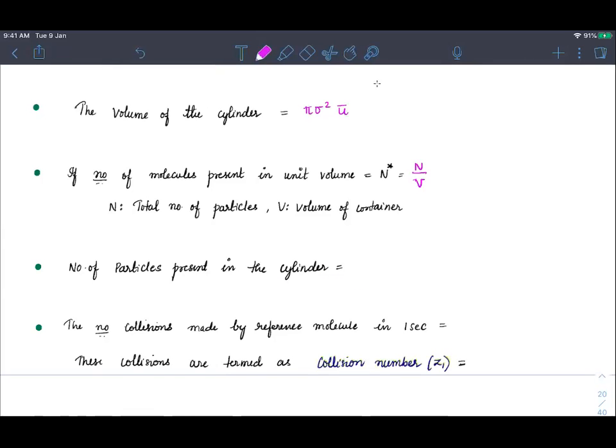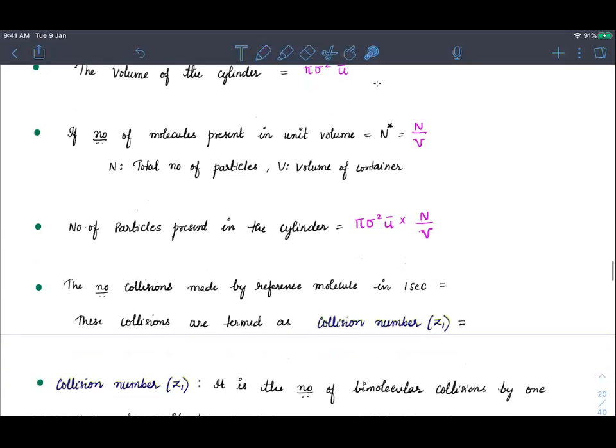Whatever the volume that the cylinder is covering, which is pi sigma square U bar, multiplied by the number of particles per unit volume. I guess all of you understood this. This is the total number of particles present in the cylinder. Right, this I can write as pi sigma square U bar and N star.